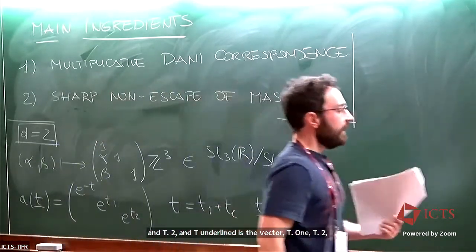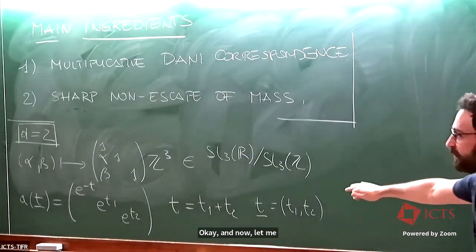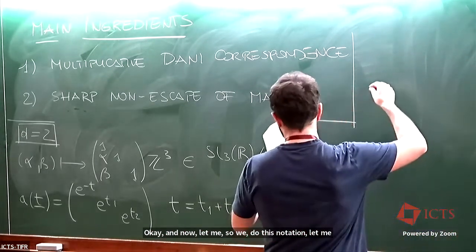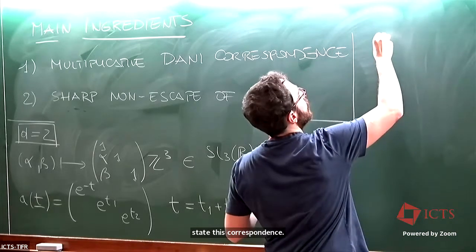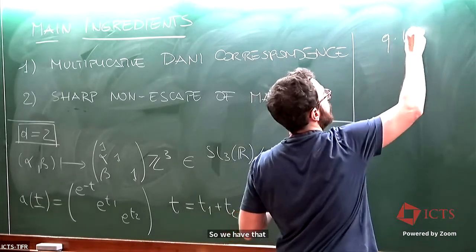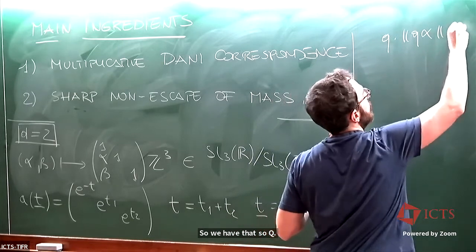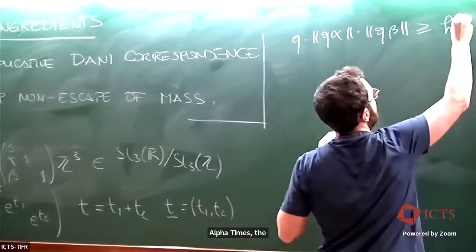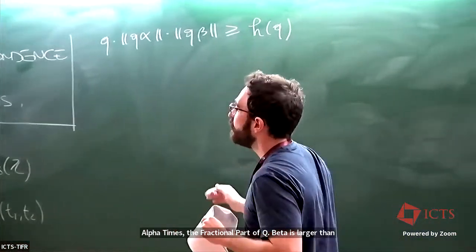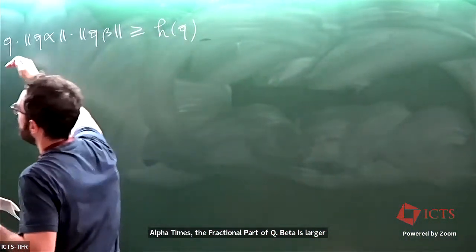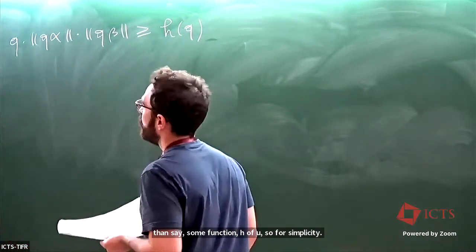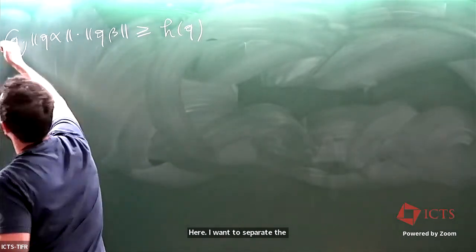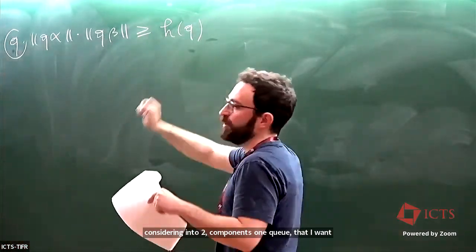Okay. And now, with this notation, let me state this correspondence. So we have that q times the fractional part of q alpha times the fractional part of q beta is larger than, say, some function h of q. So for simplicity here, I want to separate the function f that I'm considering into two components, one q that I want to leave on this side, and one h of q, which I want to put on the other side.